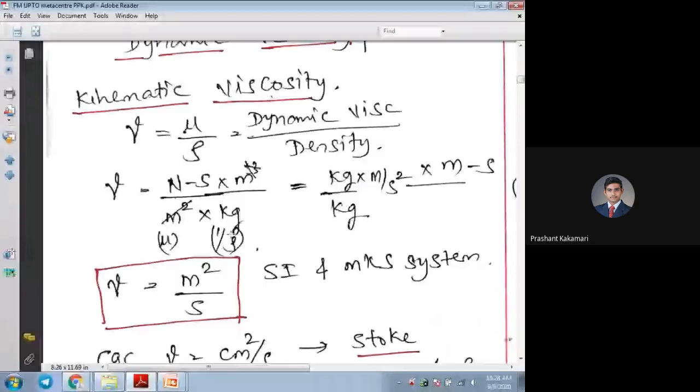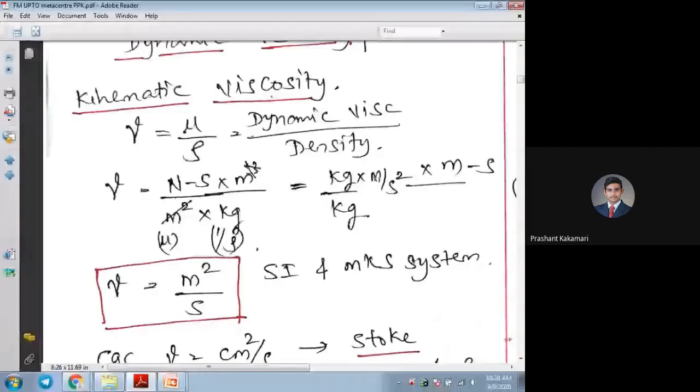Now we know that the kg can be converted into Newton. Once we convert this into Newtons, we are left with kg second meter divided by kg into meter per second square.